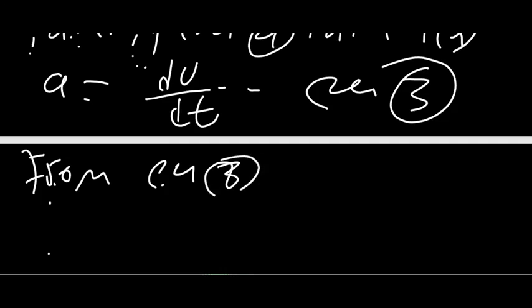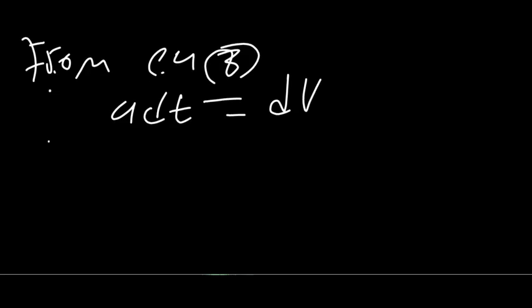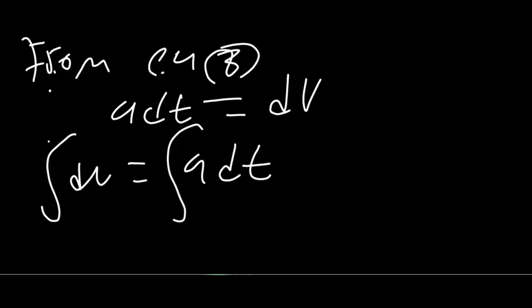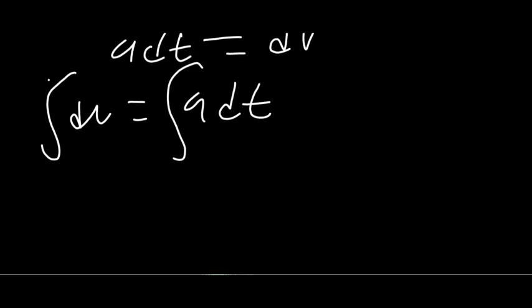From equation 3, if we cross multiply, we get a dt is equal to dv. So this is what we are getting from equation 3, and you can write this equation as dv being equal to a dt.